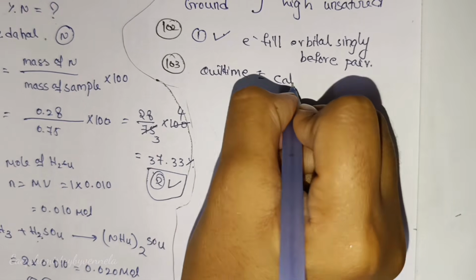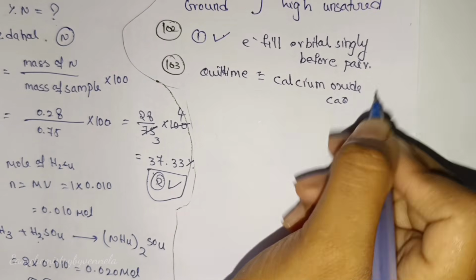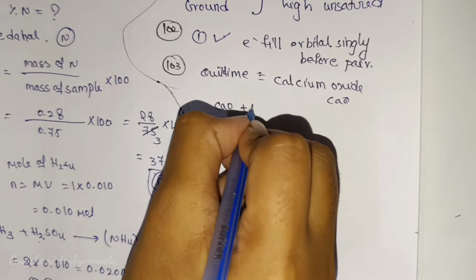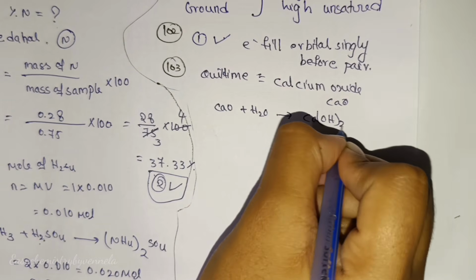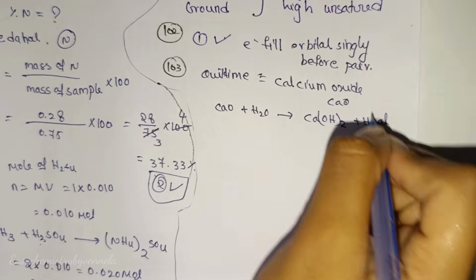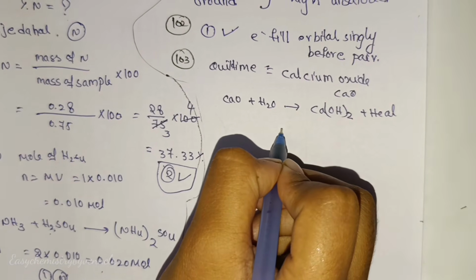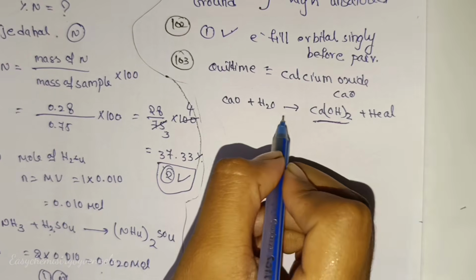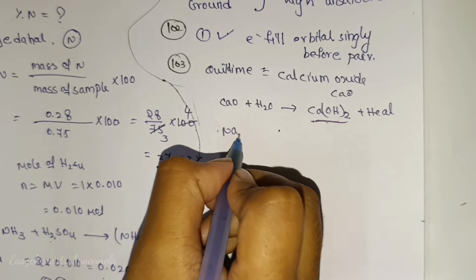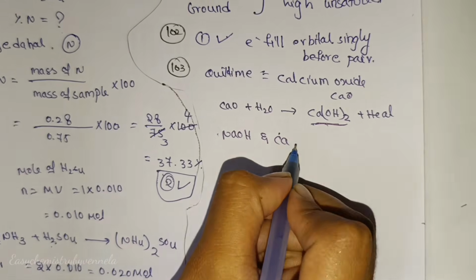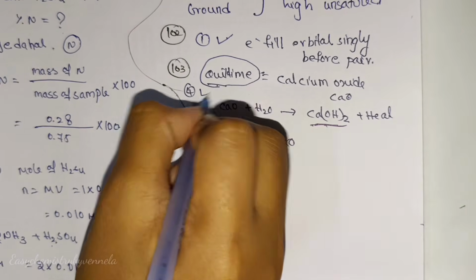This is calcium oxide, CaO, which reacts with water to form Ca(OH)2. Limestone is CaCO3, this is not correct. Slaked lime is already the product in this reaction, so this is not correct. Soda lime is a mixture of NaOH and CaO. So the correct option is quick lime. Fourth option is the correct one.